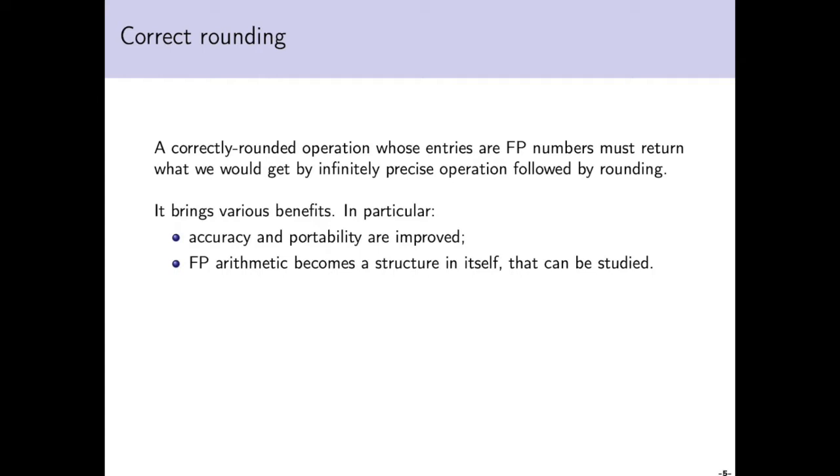Okay, so nevertheless, we try to give some other rules that equip floating point arithmetic with some structure. And in particular, if you have correct rounding, you know that your operation returns a unique, well-defined answer.